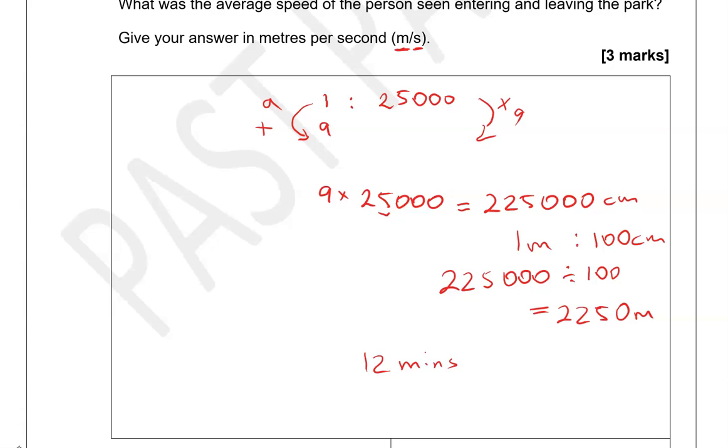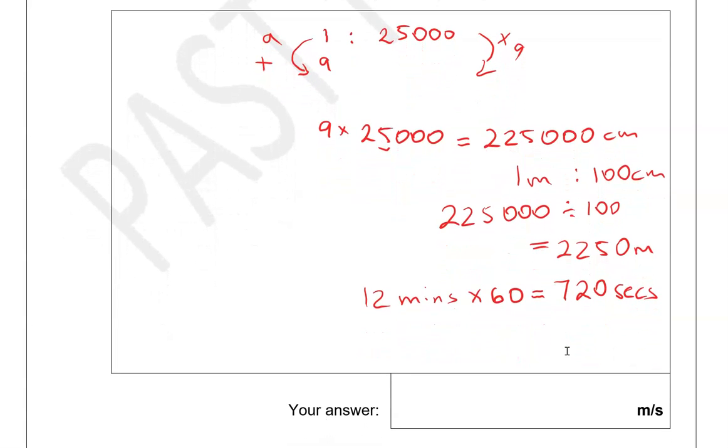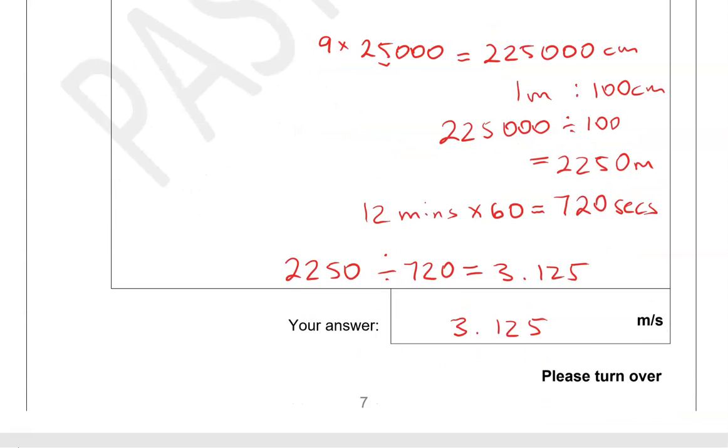So 12 minutes, if we multiply by 60, because there are 60 seconds in a minute, it's going to give us 720 seconds. So how many meters per each second? That's the question. So 2250 divided by 720 gives us 3.125. So the answer is 3.125 meters per second.